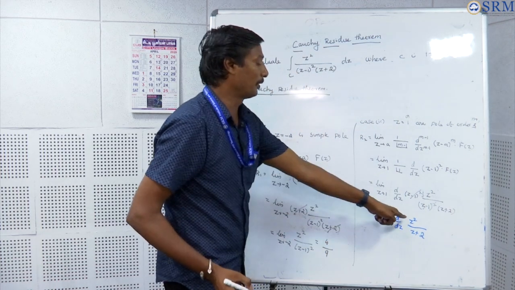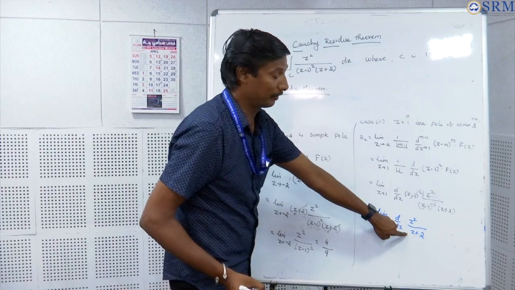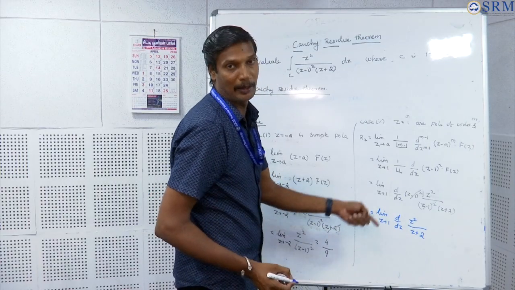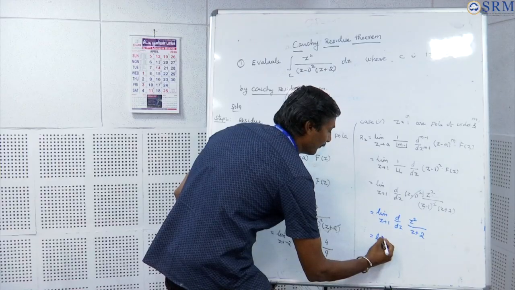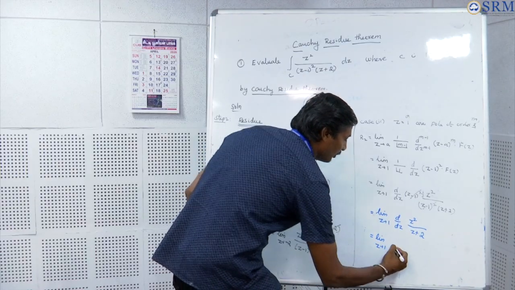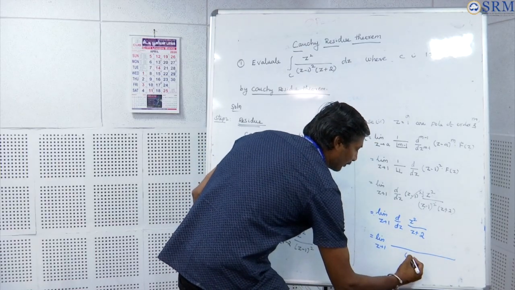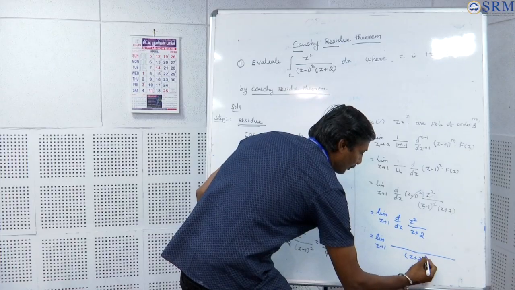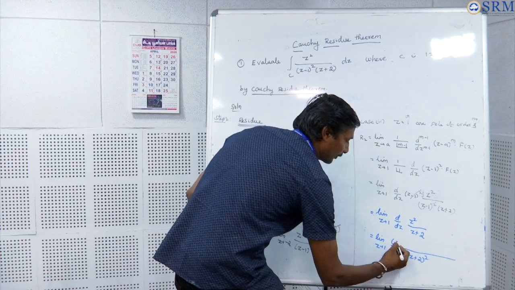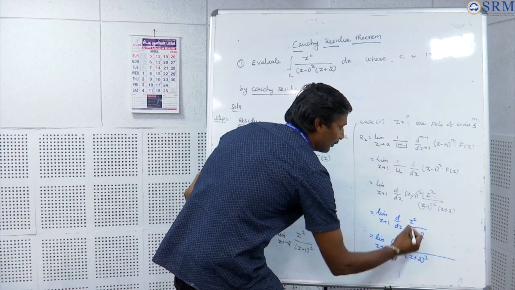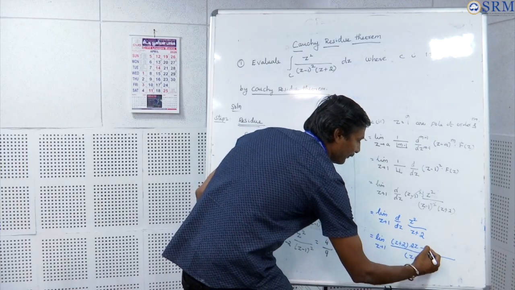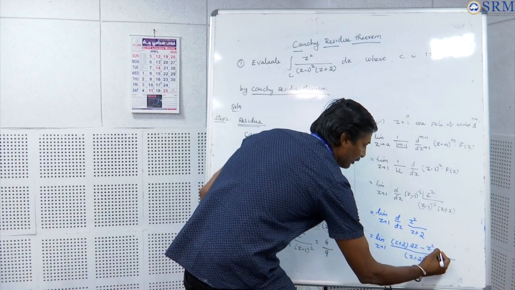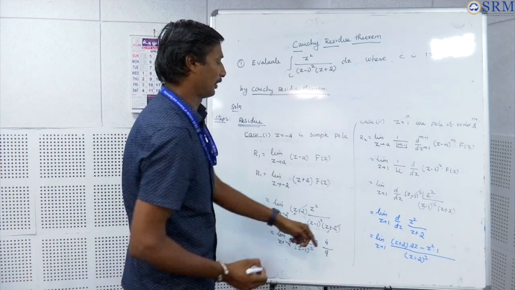So the numerator has z and the denominator is also in terms of z, so we have to apply the u by v formula. Limit z tends to 1. For the denominator term, take z plus 2 whole square. In the numerator, keep z plus 2 times the differentiation of z square, which is 2z, minus z square times the differentiation of z plus 2, which is 1.